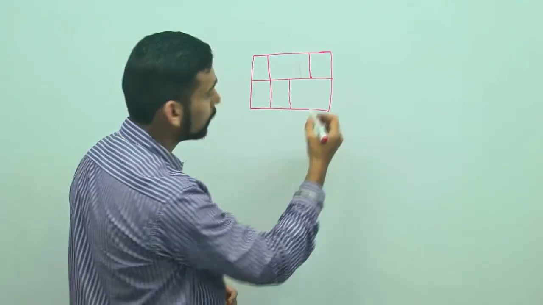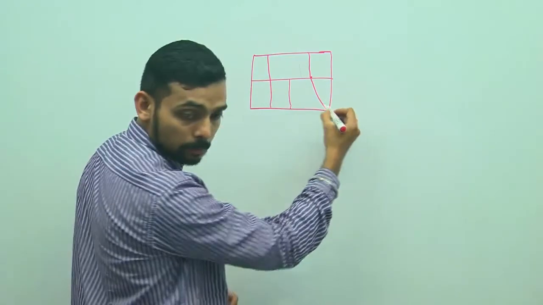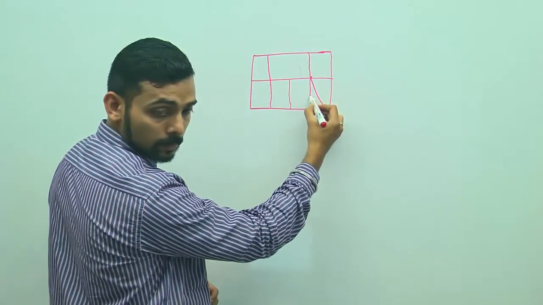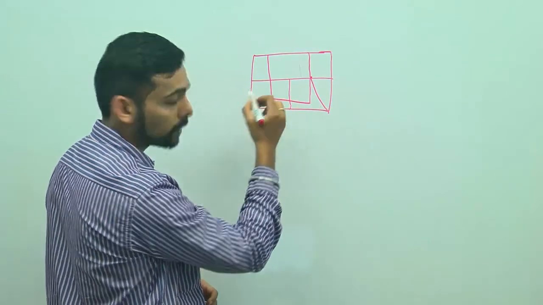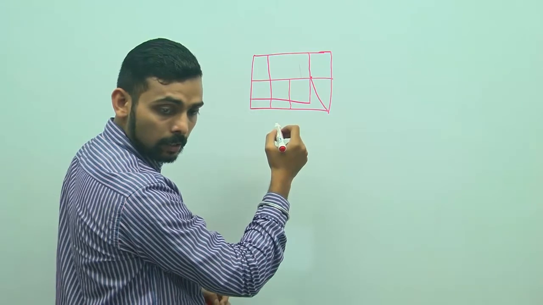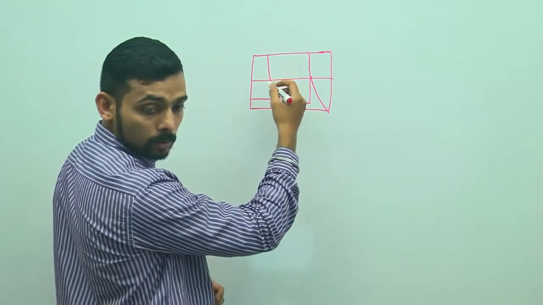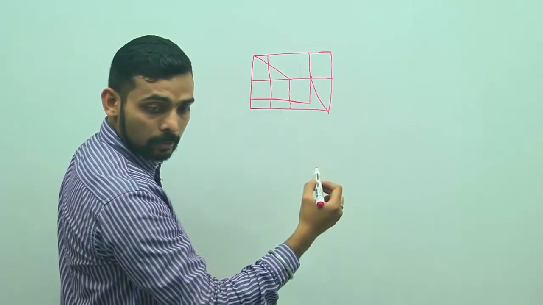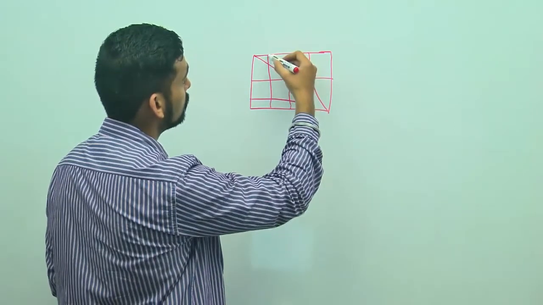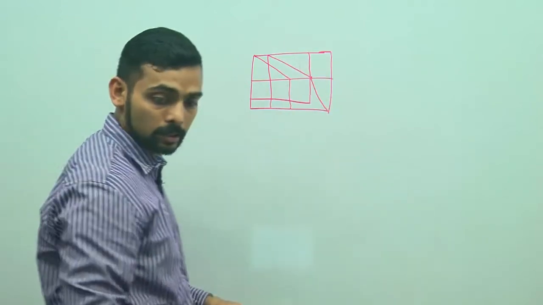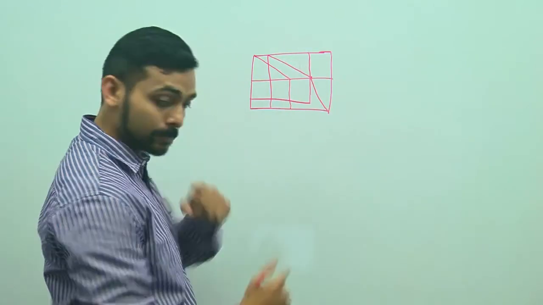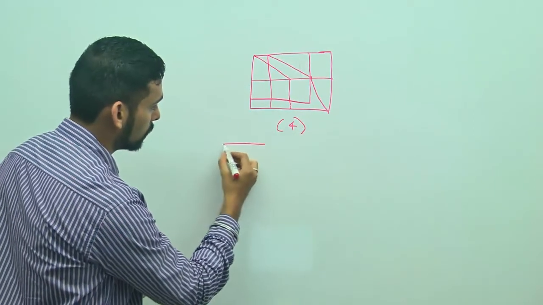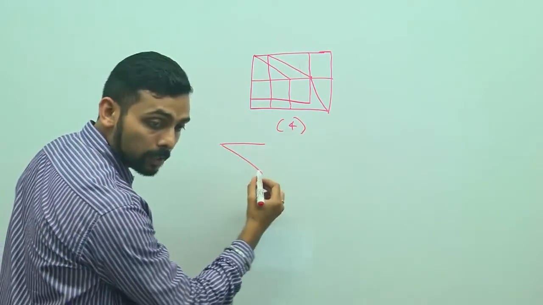I am going to join this at the bottom, extend it further and join this here, and I am going to join a diagonal, and another diagonal. So this is a representation of figure number 4, and this was the figure that I am trying to fit in.